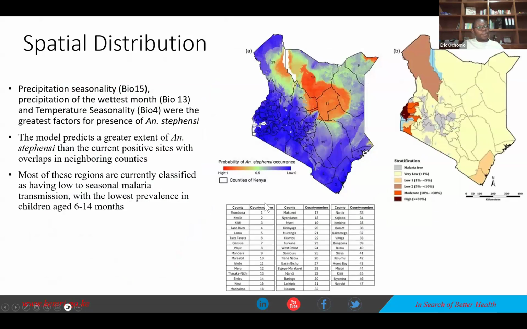We also plugged this data into the MaxTemp models to try and figure out whether we could estimate where we're likely to see establishment of Anopheles stephensi. And using that model, we were able to see that it would potentially mostly invade this north central part of the country, and would probably move down southwards to around the middle of the country, but it's likely to not affect Nairobi.